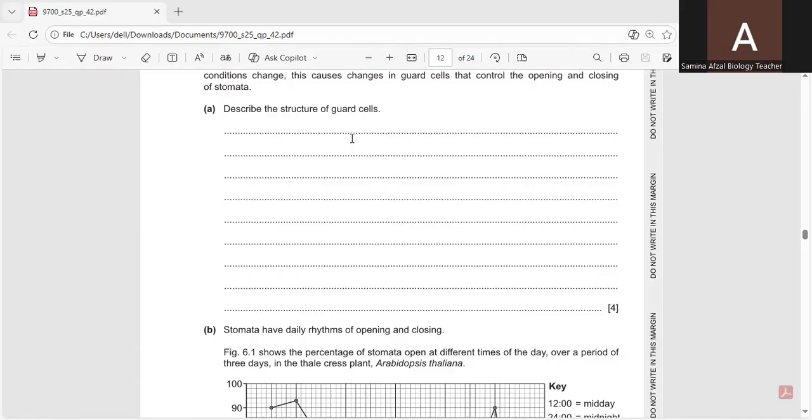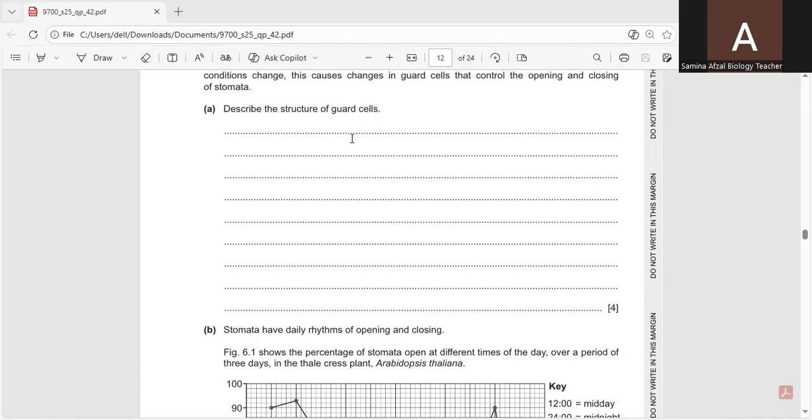This specific arrangement prevents the cell from expanding in diameter and instead forces them to curve outward when they become turgid, thus opening the stomata. Chloroplasts are also there because the process of photosynthesis takes place in the guard cells.